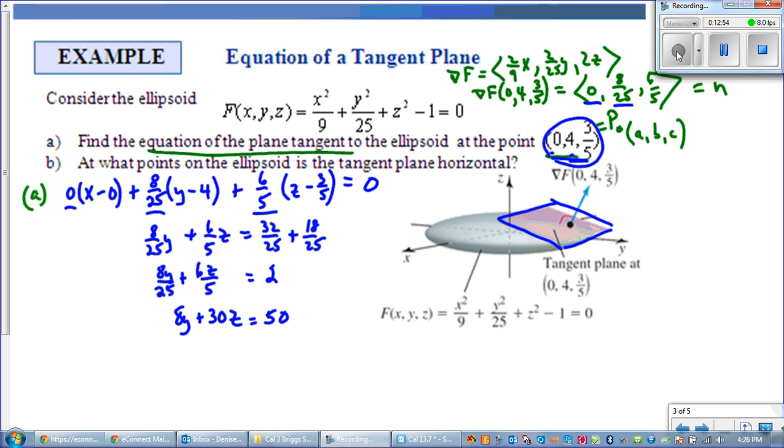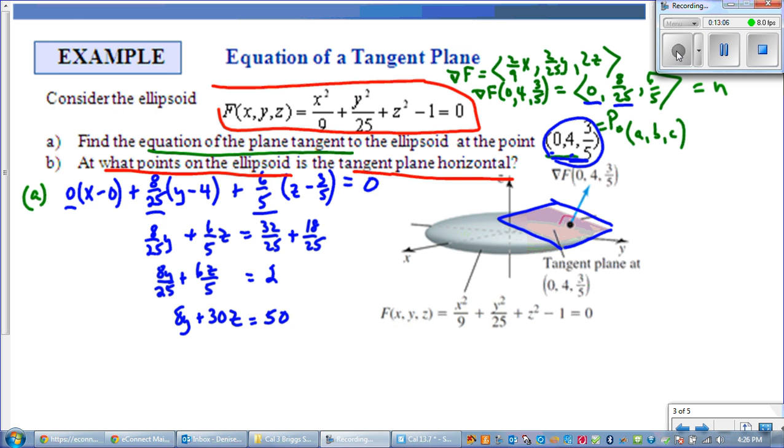Okay, so now at what points on this ellipsoid, the definition of this graph would be an ellipsoid, will the tangent plane be horizontal? Well, if a tangent plane is horizontal, that means that the gradient is vertical. So what does a gradient look like if it's vertical?